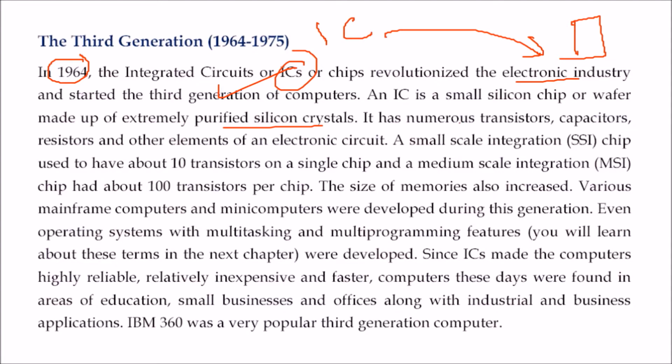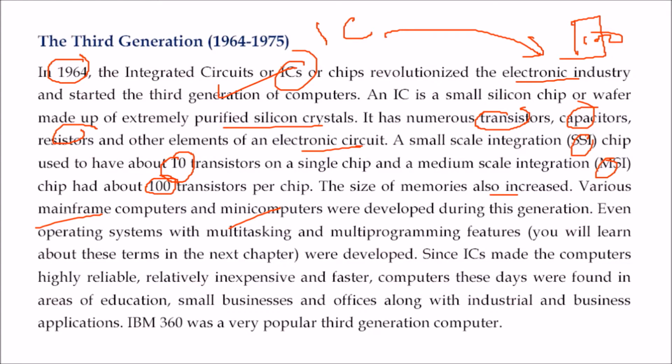They have numerous transistors, capacitors and resistors on an electronic circuit. SSI, small scale integration chips, used to have about 10 transistors on a single chip. MSI had 100 transistors on a single chip. The size of memories also increased, and various mainframe and minicomputers were developed during this generation.